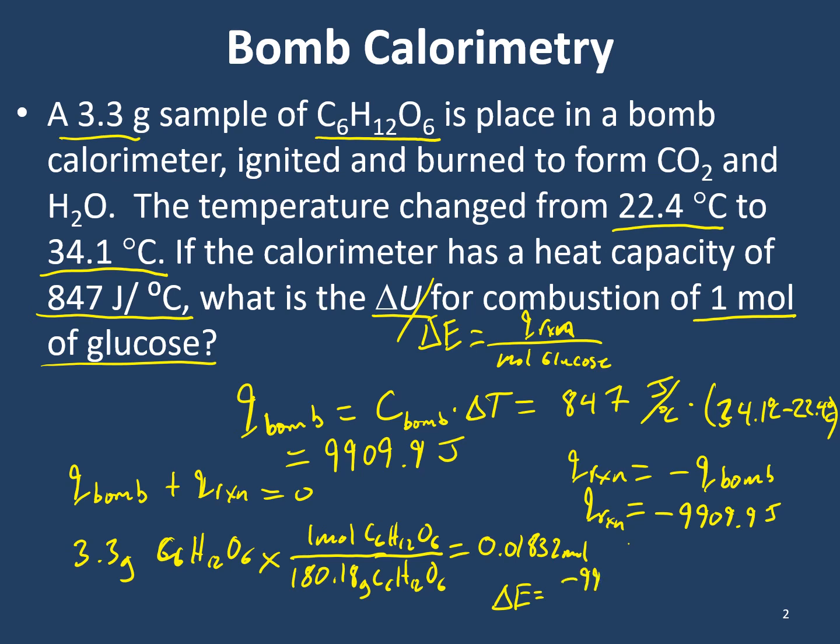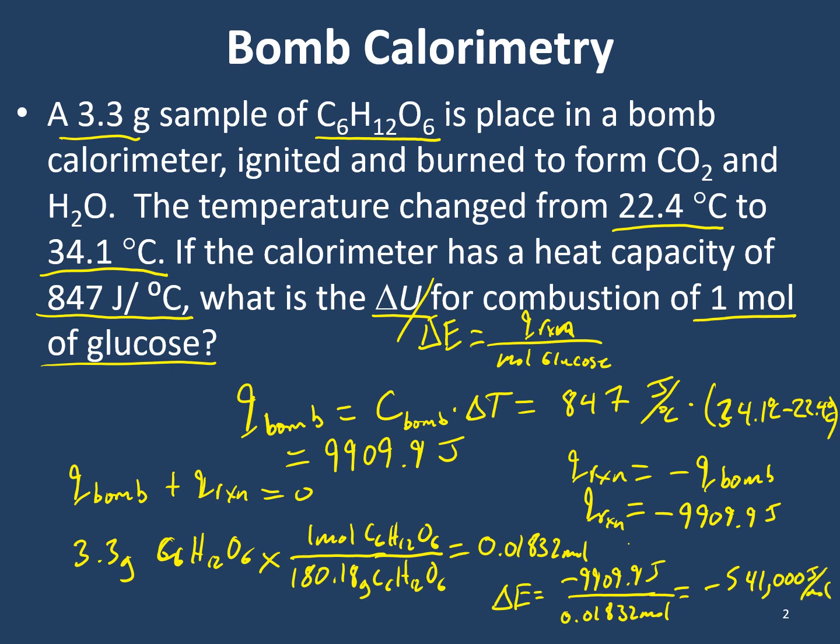So delta E then is simply equal to negative 9,909.9 joules divided by 0.01832 moles. This gives me negative 541,000, give or take, joules per mole.